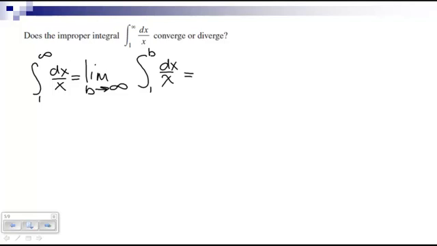So now I solve the integral. Now watch out for that.